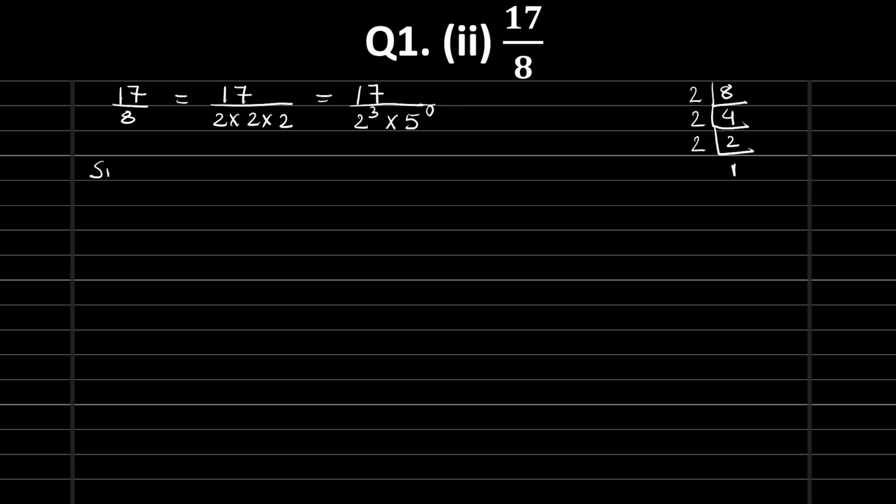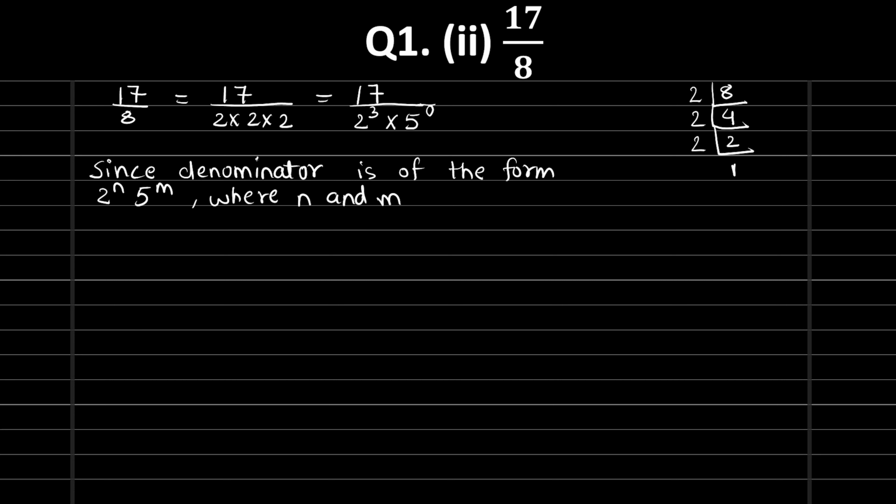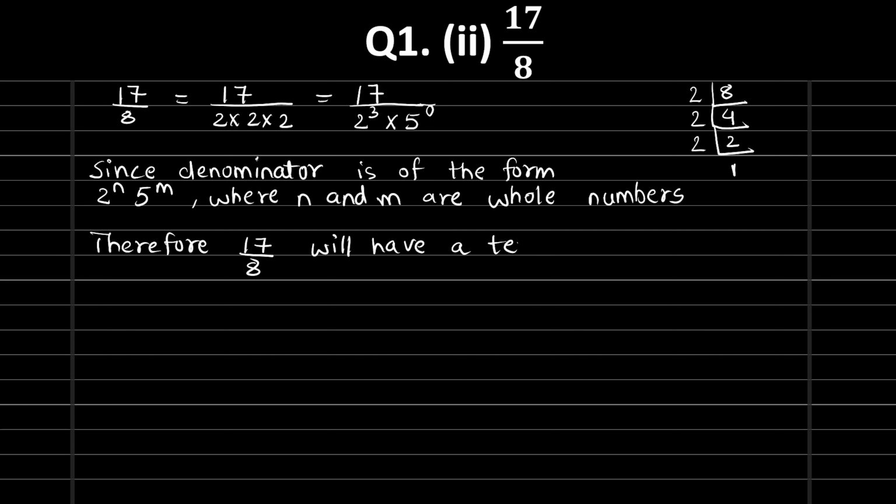So we will be writing, since the denominator is of the form 2 raised to n into 5 raised to m, where n and m are whole numbers, therefore 17 upon 8 will have a terminating decimal expansion.